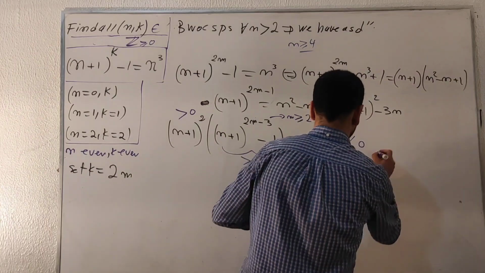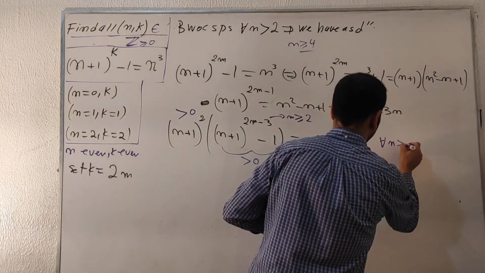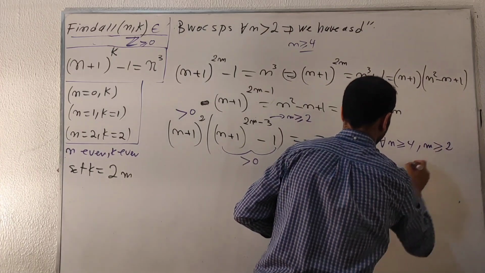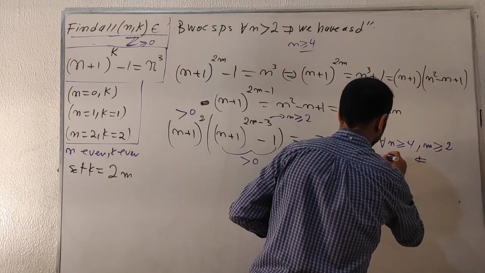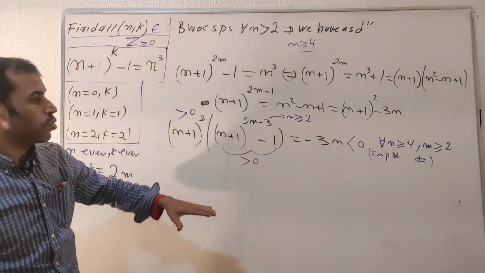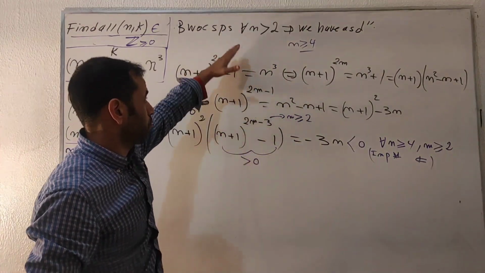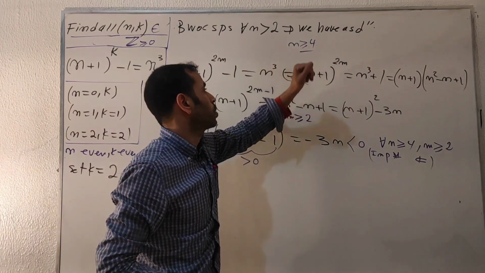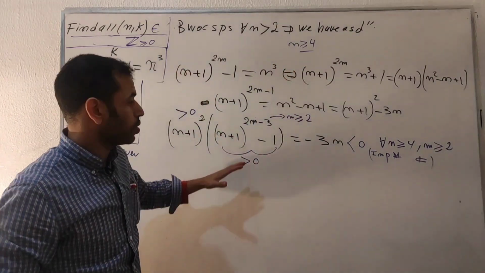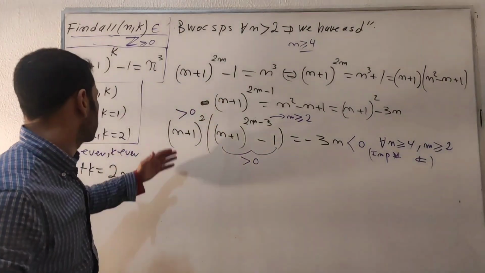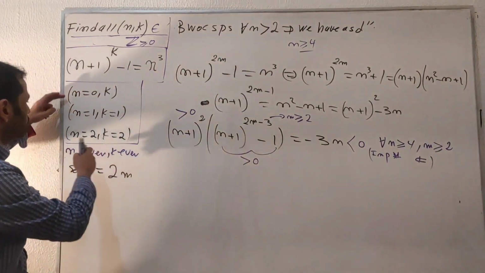So this is for all m greater than or equal to 2 and n greater than or equal to 4. It's impossible. Now, we have contradicted our assumption, because we assumed n greater than or equal to 4 had a solution for this equation, but at the end we found a contradiction, which means the only solutions that we have are these 3 solutions.